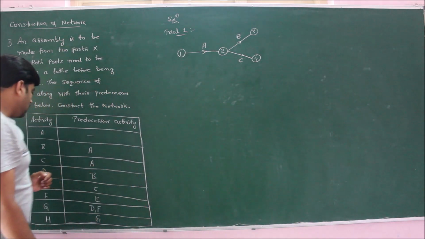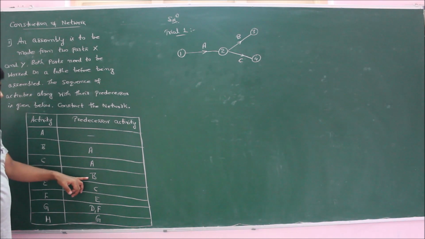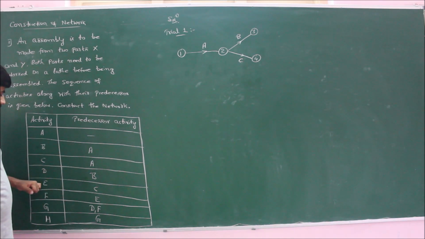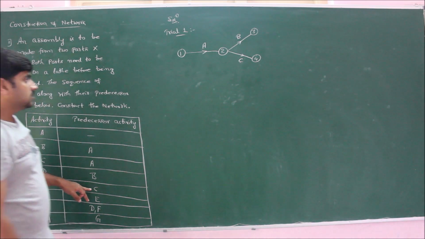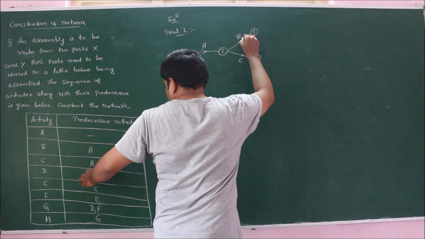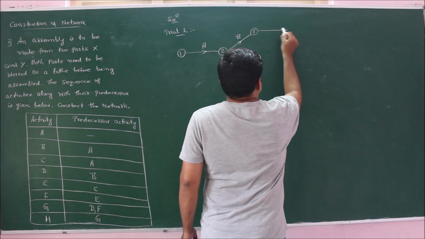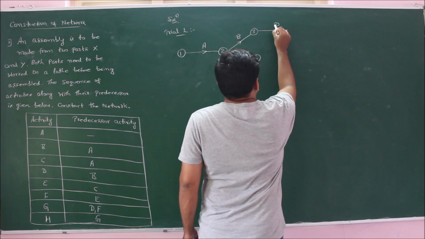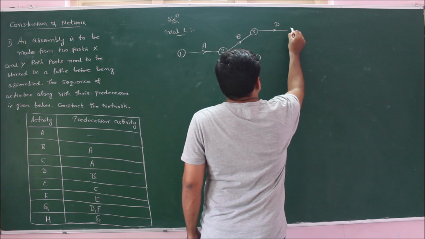Next, moving on to activity D. Activity D is emerging from activity B, whereas activity E is emerging from activity C. From activity B, we have activity D coming out of it. So we have one more activity D, and the event will be 5.